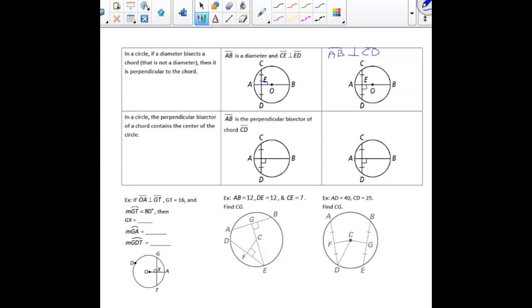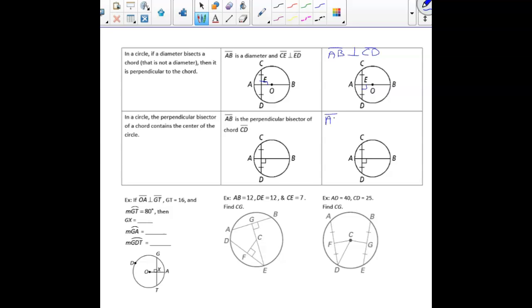In a circle, the perpendicular bisector of a chord contains the center of the circle. Line segment AB is the perpendicular bisector of chord CD. Therefore, line segment AB has to be a diameter.